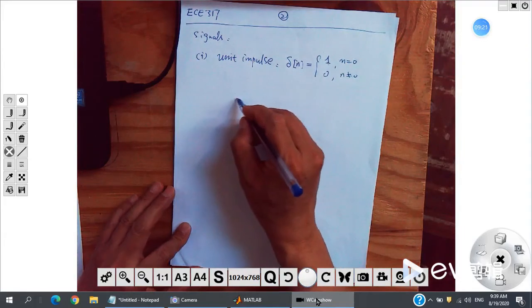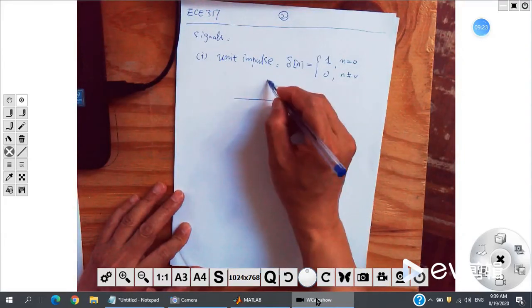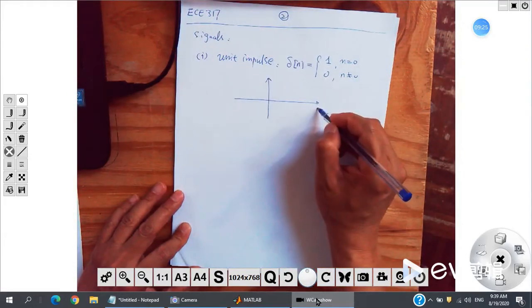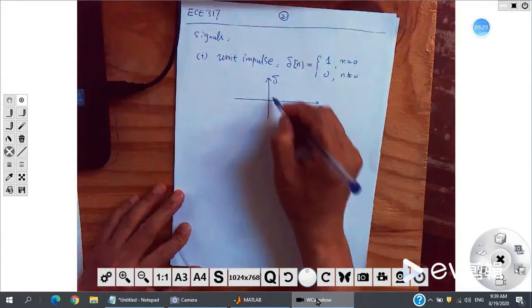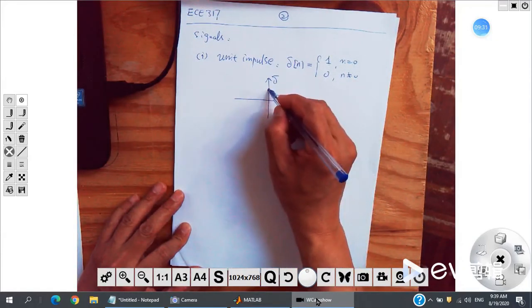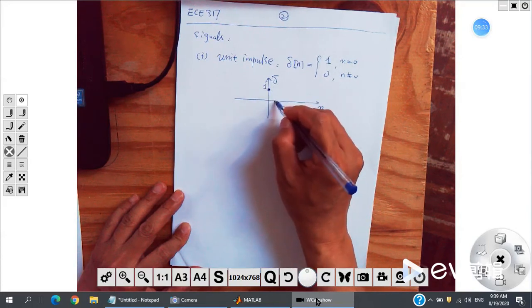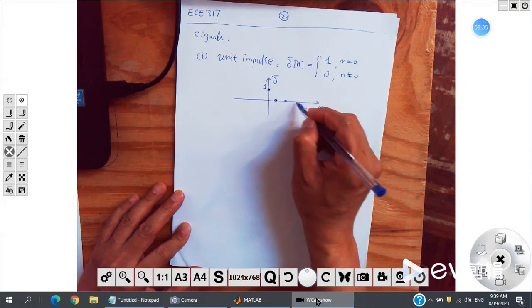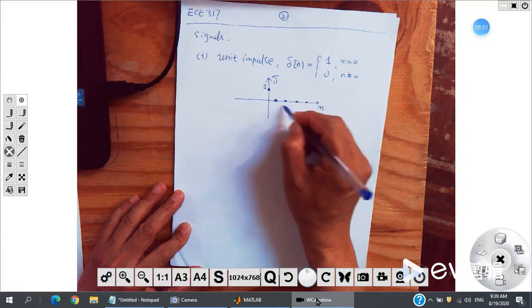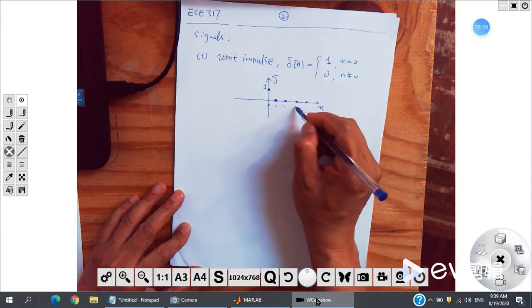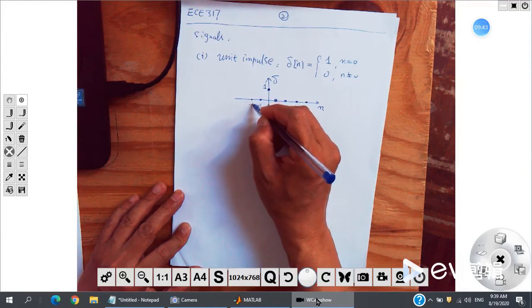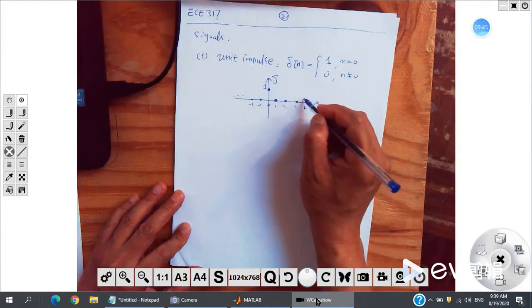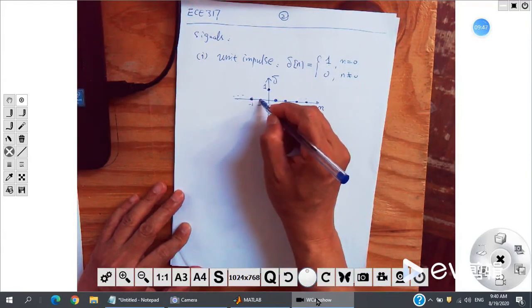We can use a graph. In the graph, this axis is n, and here's delta. When n is 0, we have value 1. For all the other n's, n equal to 1, 2, 3, 4, and negative 1, negative 2, and so on, all these values are 0.